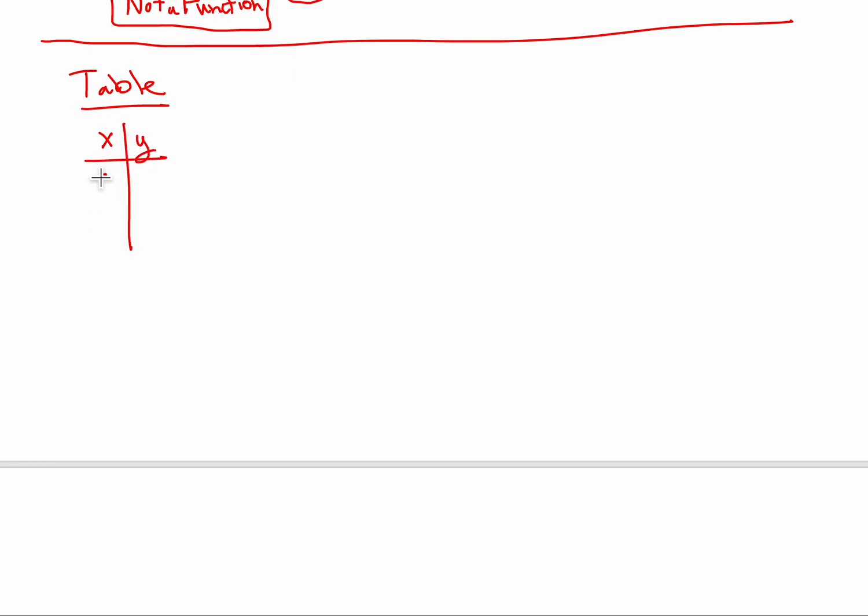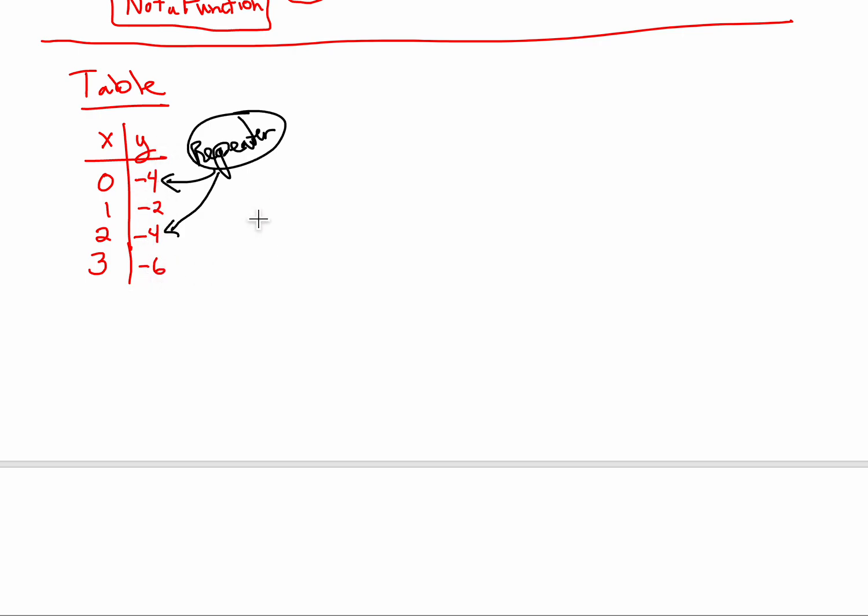So 0, 1, 2, 3 for our x's, and they pair up with -4, -2, -4, and -6. So now we're going to look for those repeaters. As I was writing them down, I was like, oh, there's one and there's one. They both have a -4 for the y value.